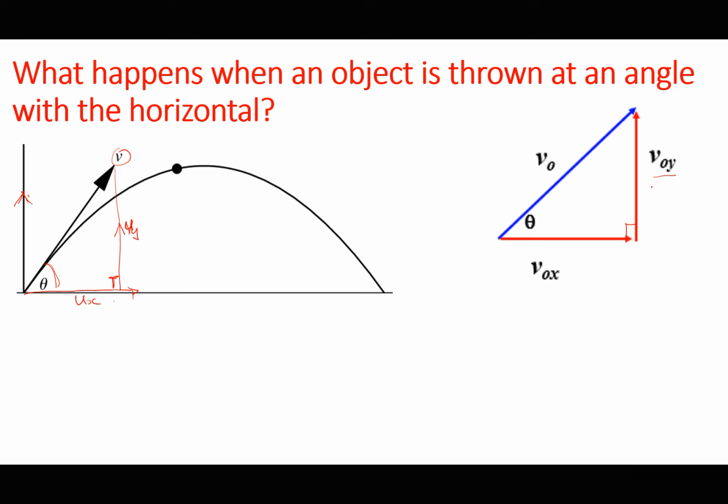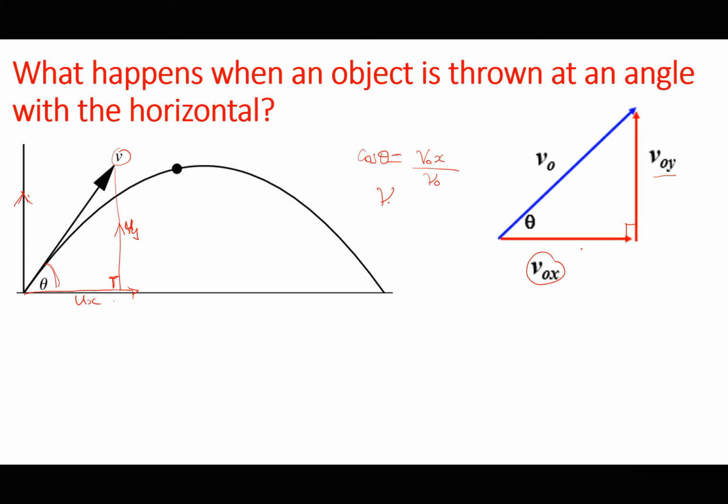And of course, you'll notice that v naught squared is v naught x squared plus v naught y squared. However, if I resolve v naught to the horizontal using v naught x, this is adjacent over hypotenuse, that is cos. So I have that cos of theta is equal to v naught in the horizontal divided by v naught.